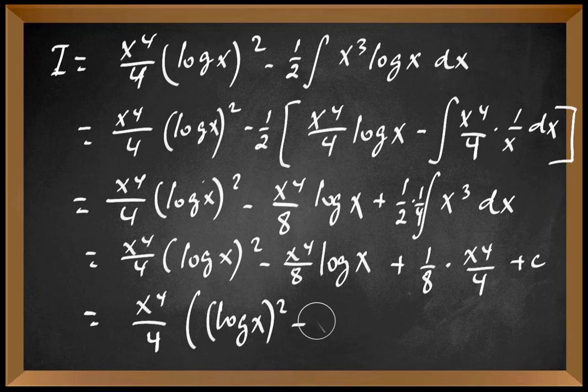Minus 1/2 of log of x plus 1/8, plus a constant. Now if we close the parenthesis here, then that will be our final solution on this one. It was an easy one. We didn't have to go long on this.